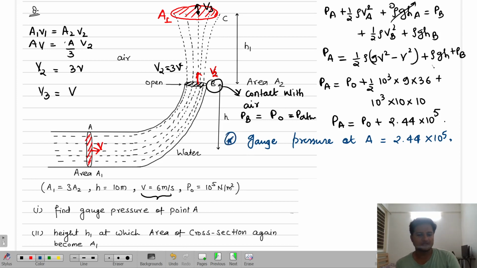Now it is asking, find the height h1 at which area of cross section again becomes A1, isn't it? So find height h1 now. That is your task to find. You have to do it right now.